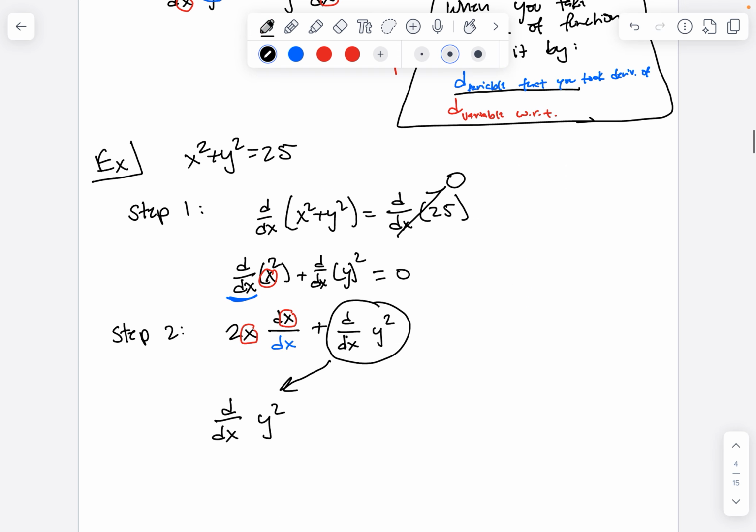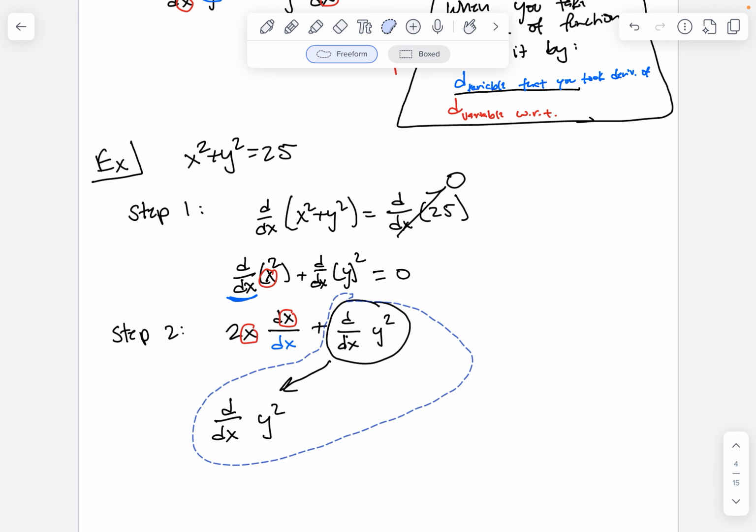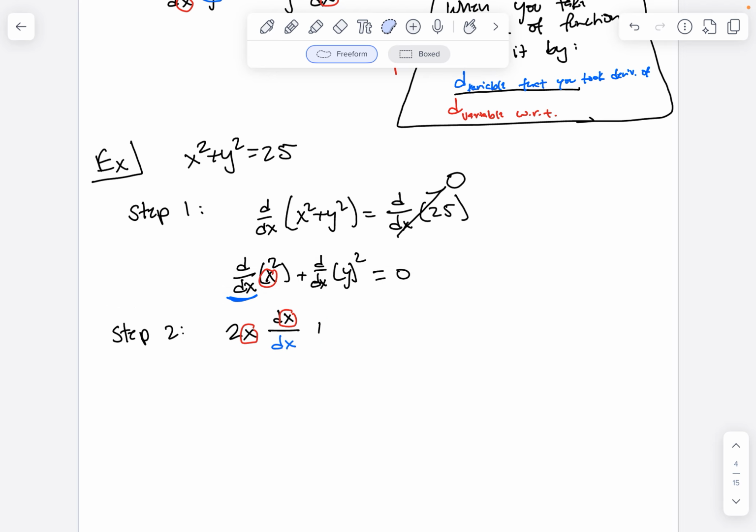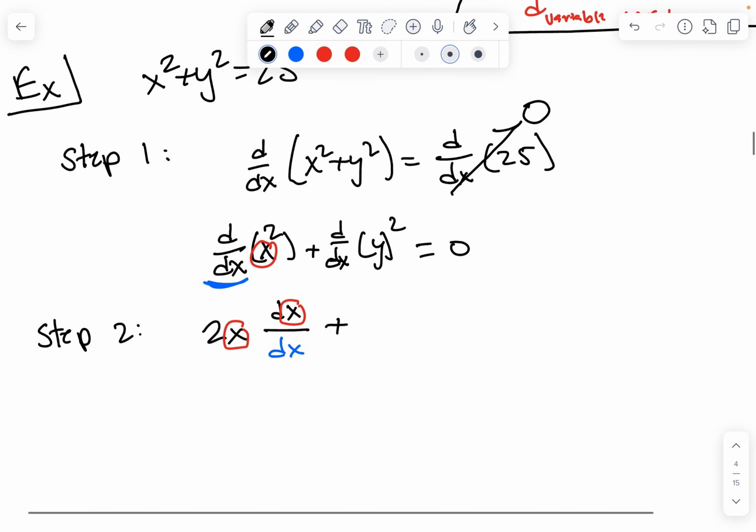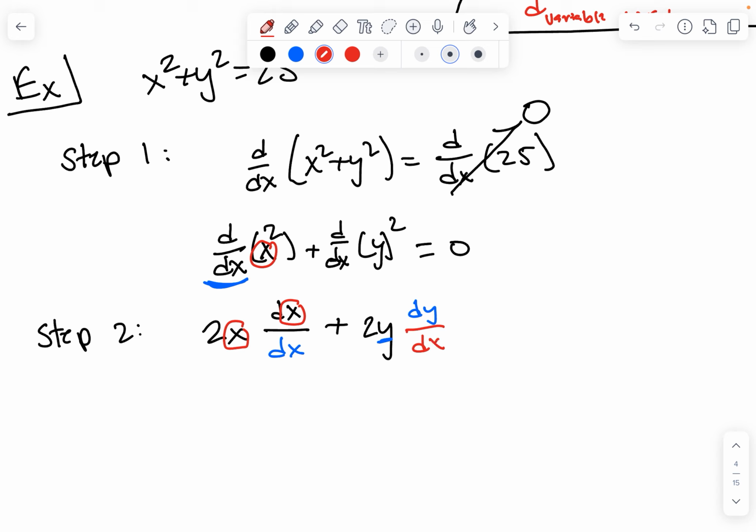So going back to this, I'm going to rewrite that. We took the derivative of this right here. So now we have 2y, and then up top becomes our dy, because this was the y, over dx, because we're taking the derivative with respect to x, is equal to 0.